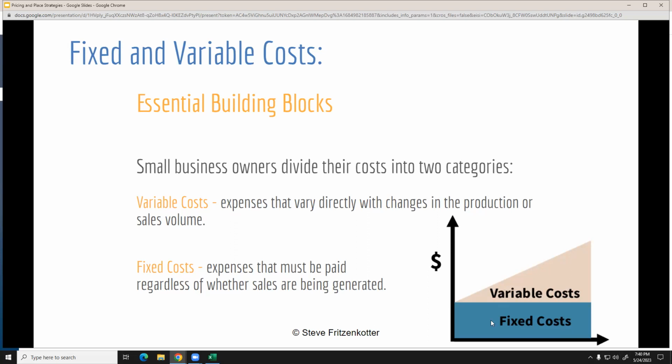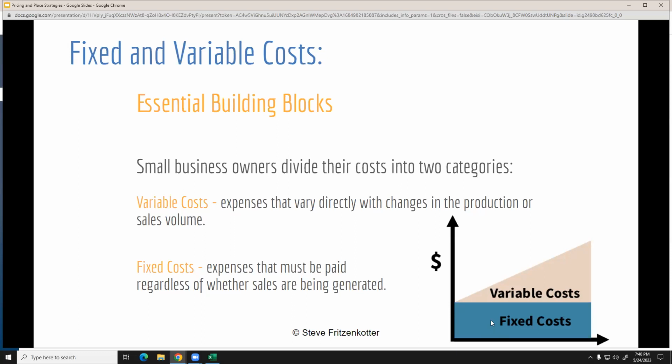It could be the salary you pay people. That does not go up and down based on sales. It could be your advertising expenses. It could be the insurance you pay. All those things are fixed costs. So those typically don't go up or down with production or with more units being sold.